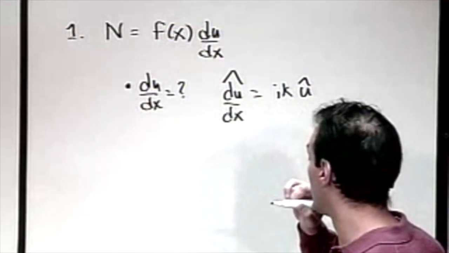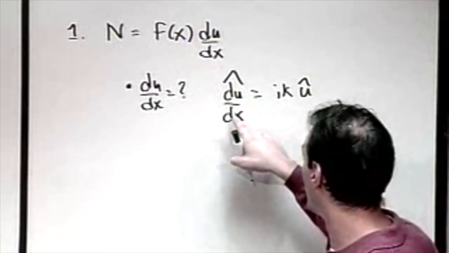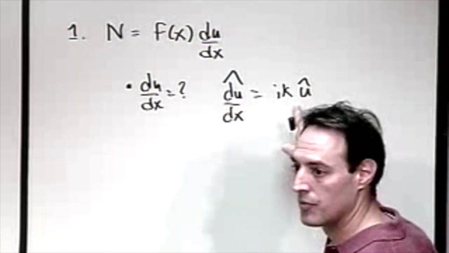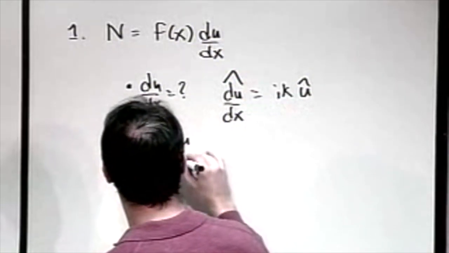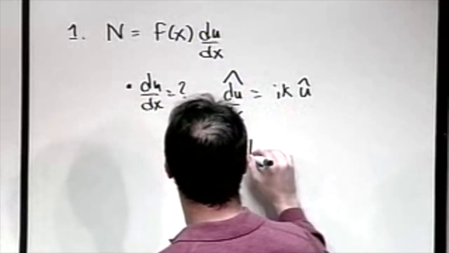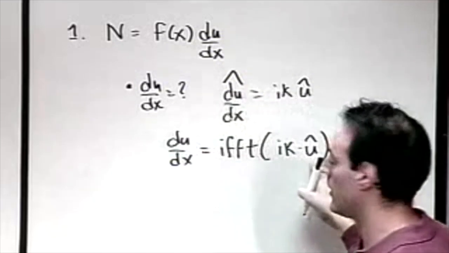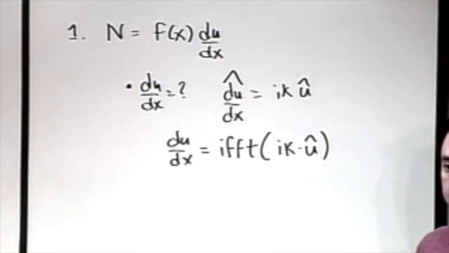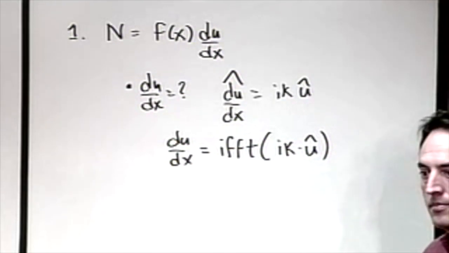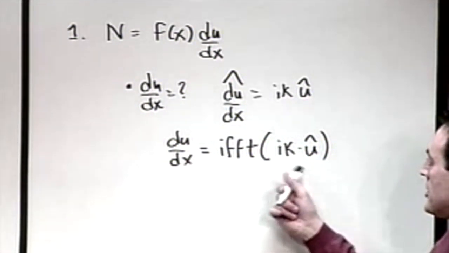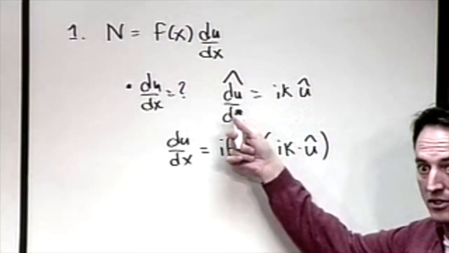So if I want to know what du dx is, I can say that if the Fourier transform is this, then du dx is simply the inverse Fourier transform of ik times u hat. This inverts both sides, so you get back to du dx.